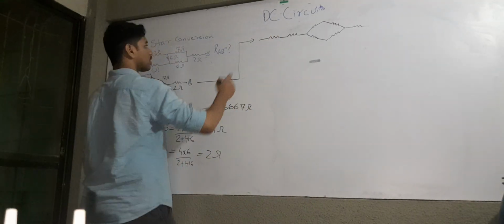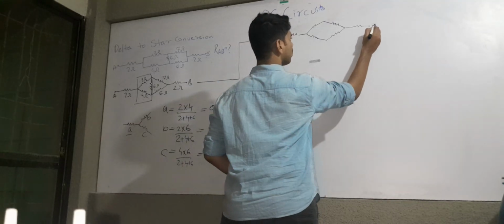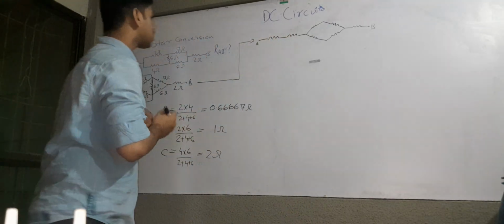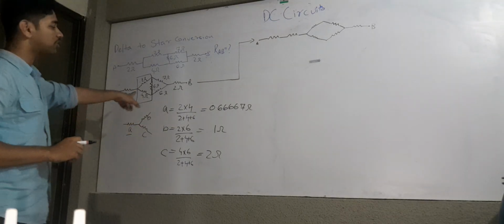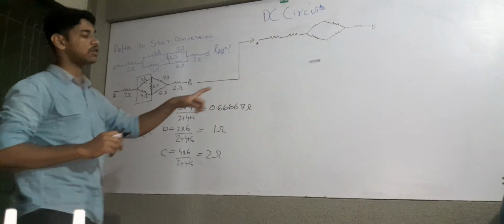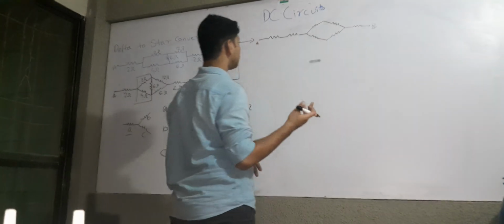This is A, this is B. Now notice how there were two deltas right here, but once we converted the first delta into star, the second delta also automatically disappeared.